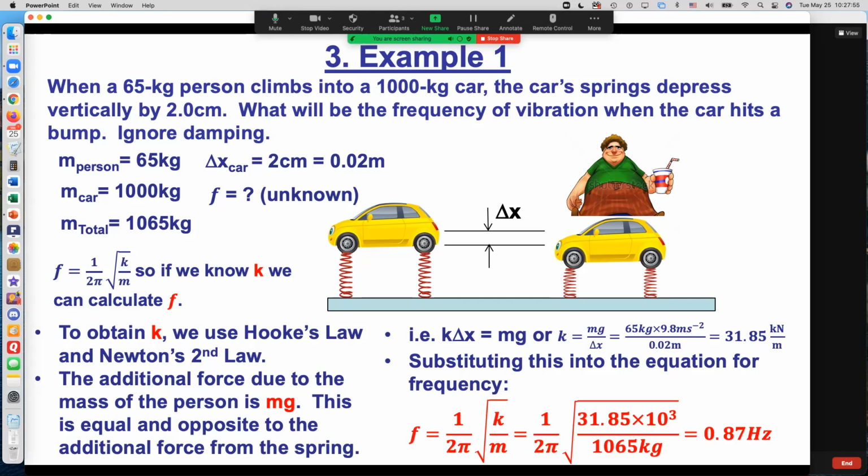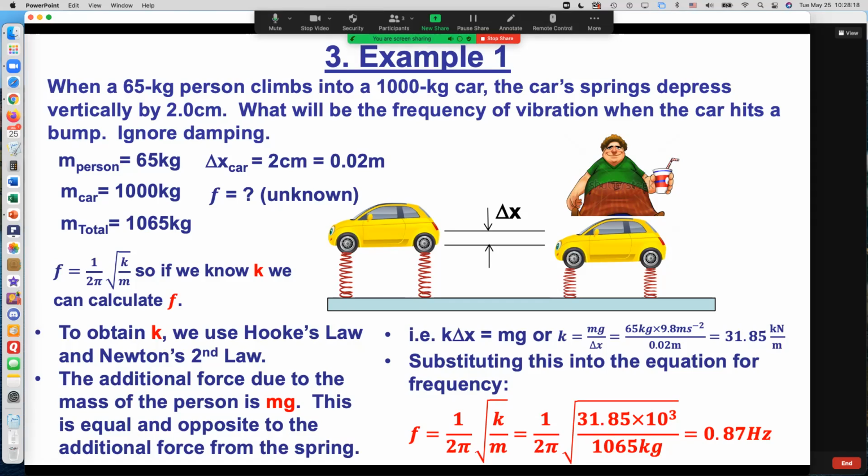So why do you in one case use the mass of the person, and in the other case you have 1,065? All right. We know that the force due to gravity is mg, where m is the person's mass. Why not the car? Because the car has already compressed the springs.